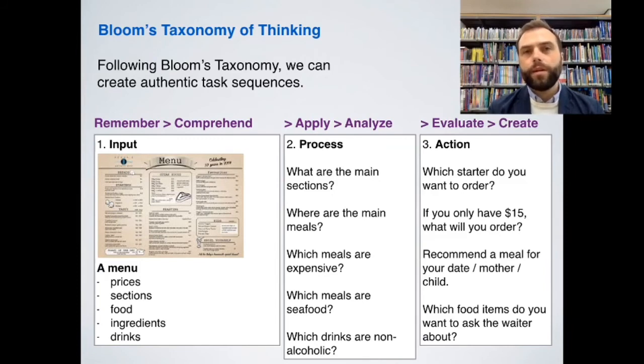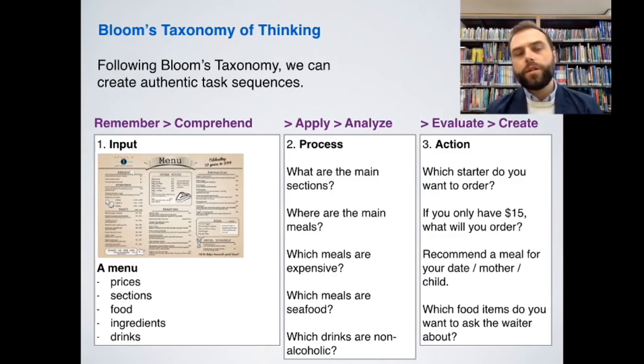So here you have a menu, and this is the text input for the task. For this first part of the lesson, you are expecting students to look at the menu and understand the menu. So understand things like the prices, the different sections, the various meals and food, the ingredients, the drink section. So it's just a basic level of understanding the menu.